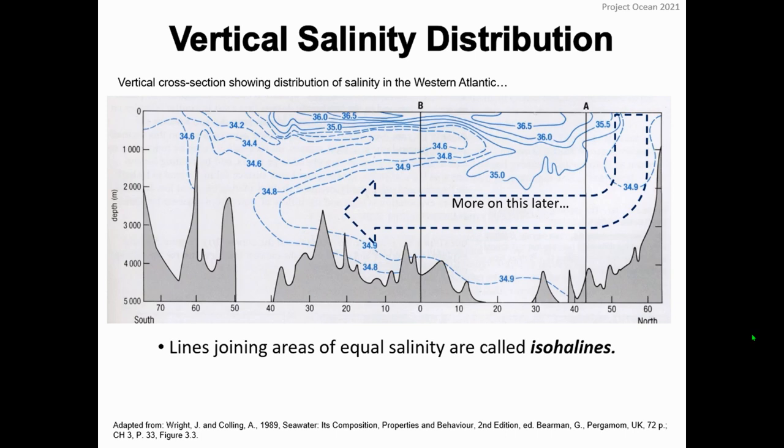But still, even looking at this vertical cross-section showing the distribution of salinity with depth in the Western Atlantic, in other words, this is up by the Arctic, this is down by Antarctica, one can see that salinity only varies at a small range from about 34.8 to about 36.5 in the Atlantic basin. So we'll get to this later, but realize salinity is one of the ways we're going to trace water masses.